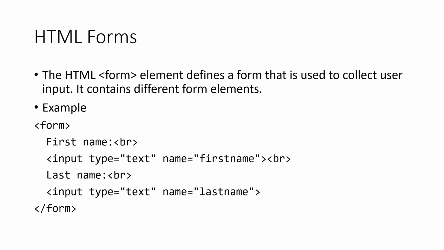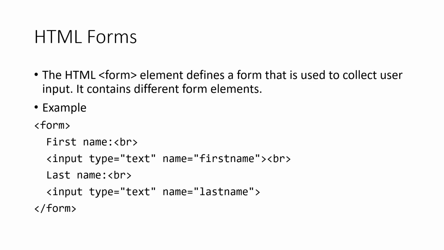Now, to start with, usually with forms, we start with the form element. You can see this as a kind of container where you can have other elements. The form element is surrounded, for example, by form and slash form.